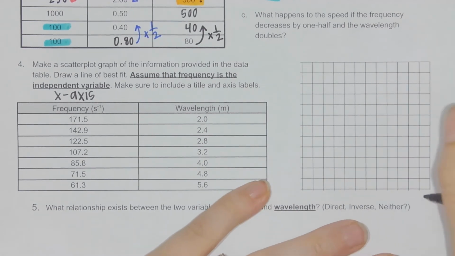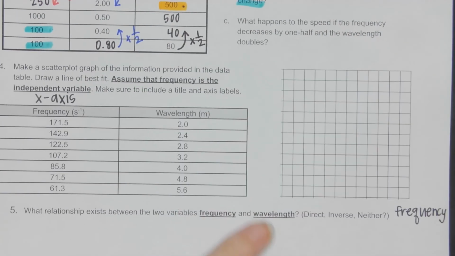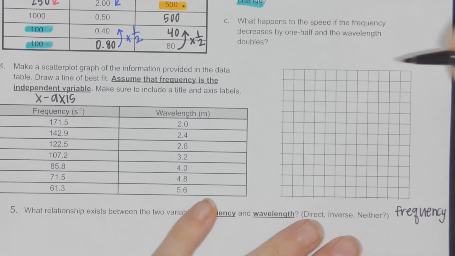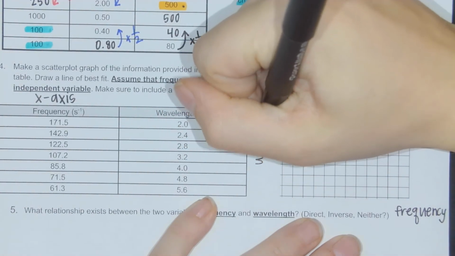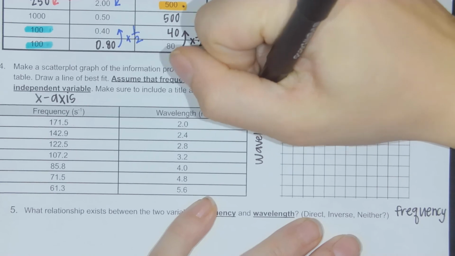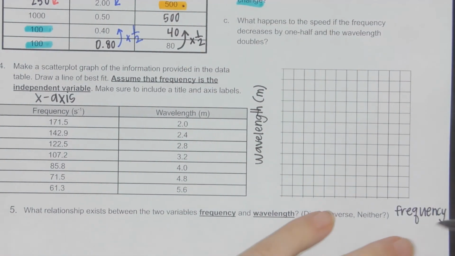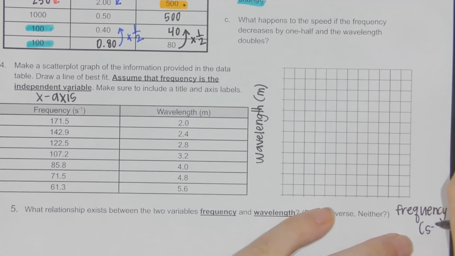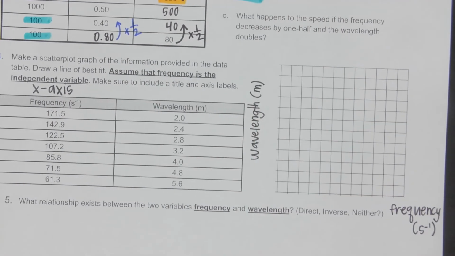So frequency is going to be down here. Oop, I should have done this in red, but I didn't. Oh well. Frequency and wavelength. Let me get my units in here, inverse seconds and meters.